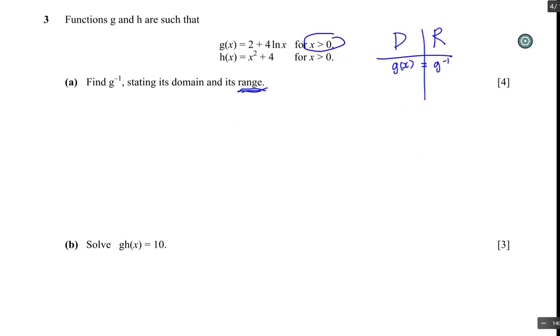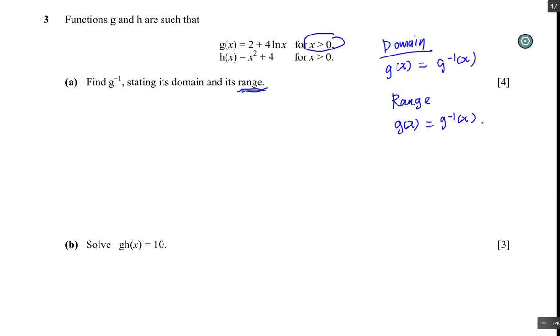It doesn't let me erase. Seriously? Okay, now I can erase. So basically, I think I do it like this. Domain first. The domain of g(x) will be the same as the range of G inverse x. And then I do the range. So the range of g(x) will be the same as the domain of G inverse x. What am I talking about? This is wrong.